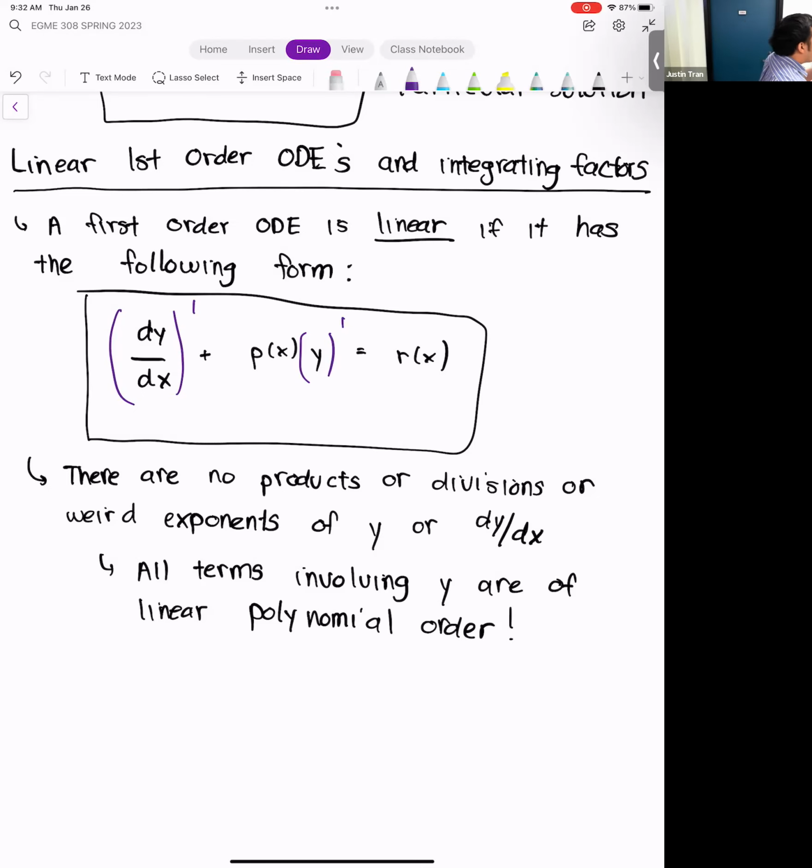Right, so linear polynomial order, all that means is that if you look at the exponent of each of those y terms, they should be 1. Okay. So that's what linear means.